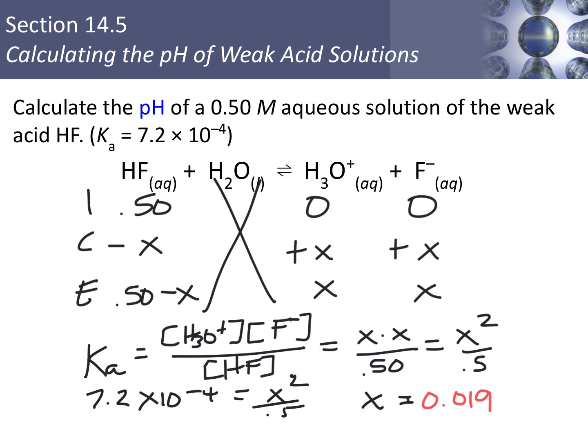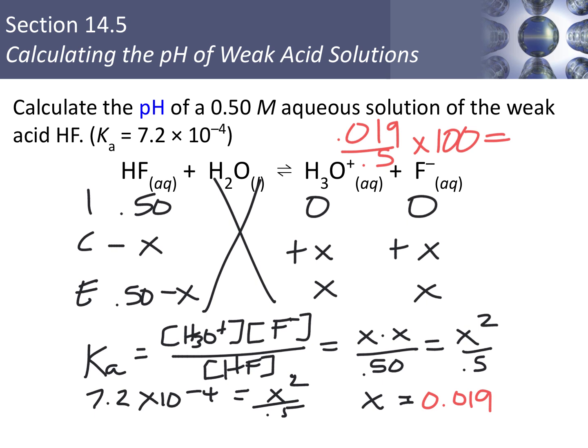I can double check with the 5% rule to make sure it was okay to do the math the easy way. And if you recall, we're going to take the value for X, 0.019, and we divide it by that initial concentration of 0.5, multiply by 100 to make it a percent.